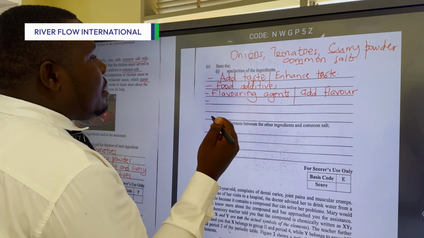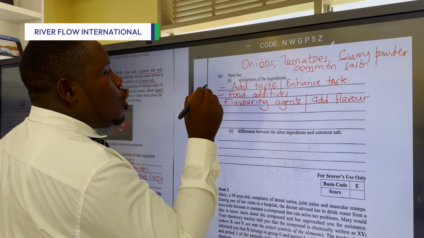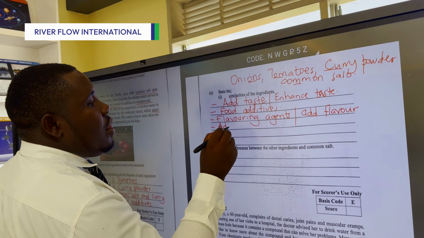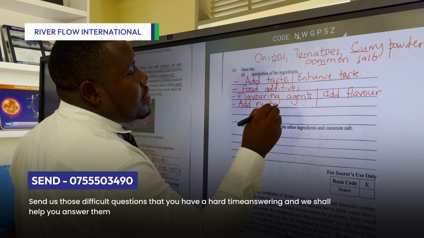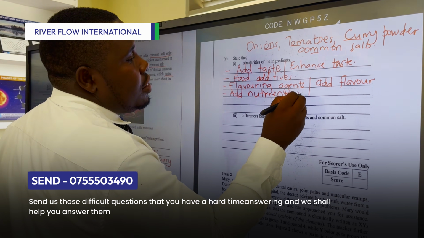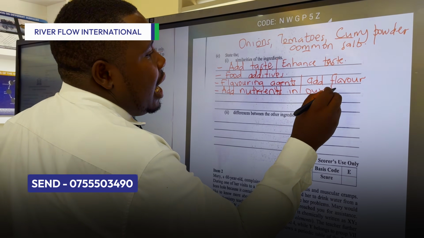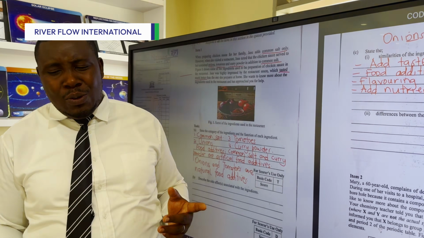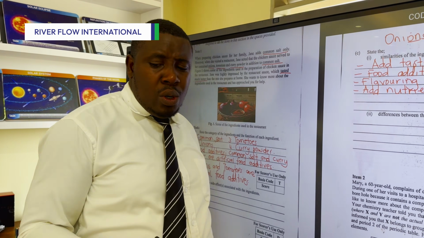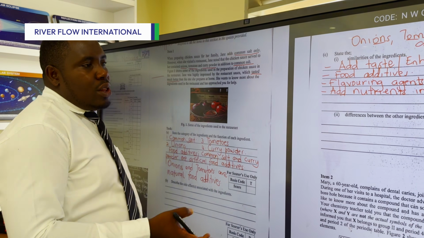So we are going to say all the food additives add nutrients in our body. Okay, so they are also nutrients. Those are some of the ones that we can put here.